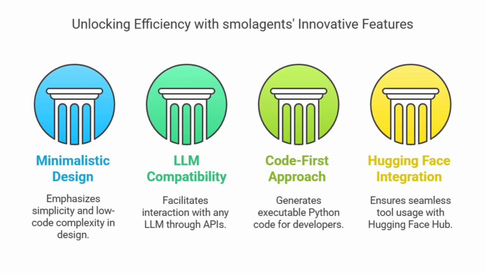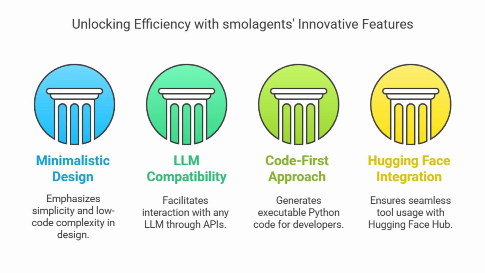Now that we understand what Smolagents is and how it enables AI agents to take meaningful actions, let's explore some of its key advantages. Unlike many other agentic frameworks that come with heavy abstractions and complex setups, Smolagents takes a minimalist, code-first approach, making it an excellent choice for developers who want to quickly build and experiment with AI agents.